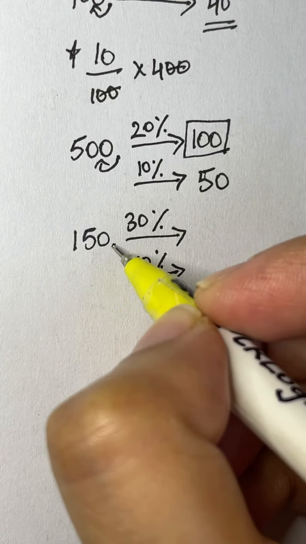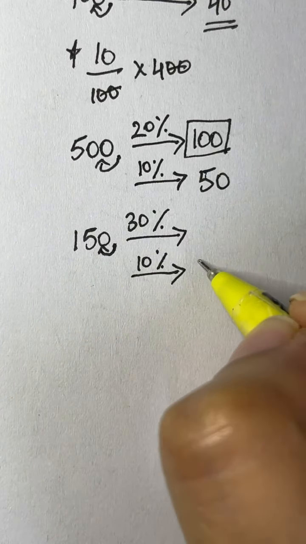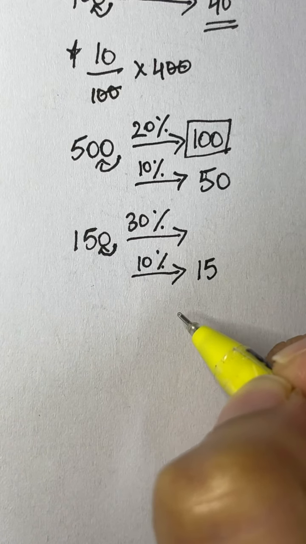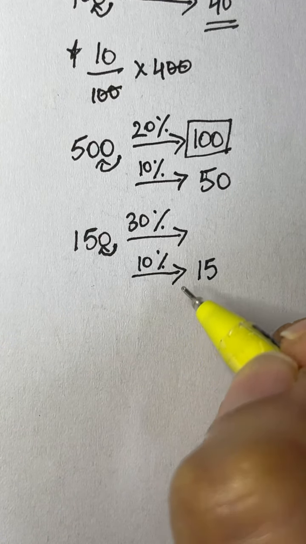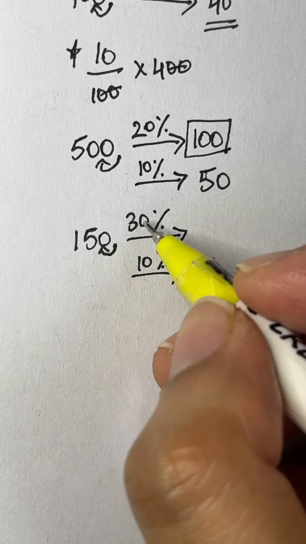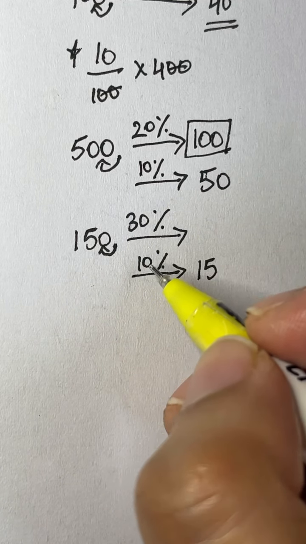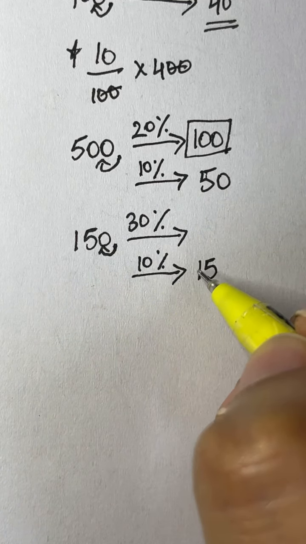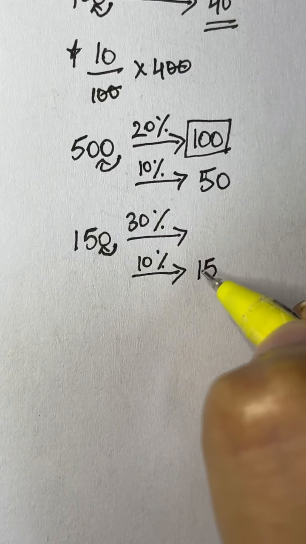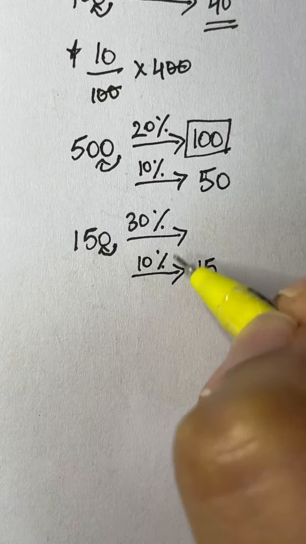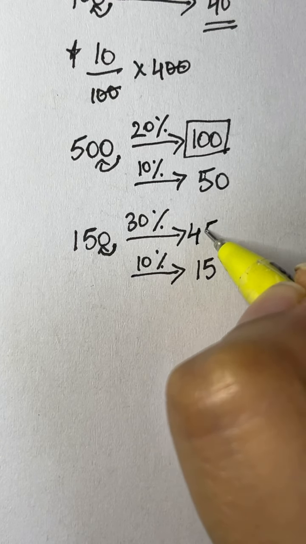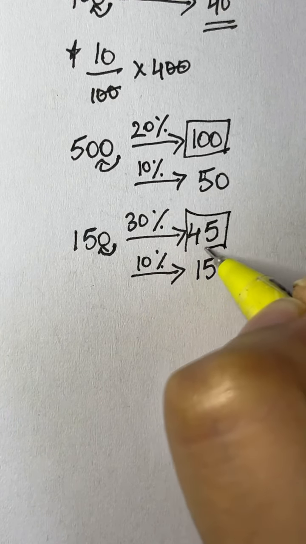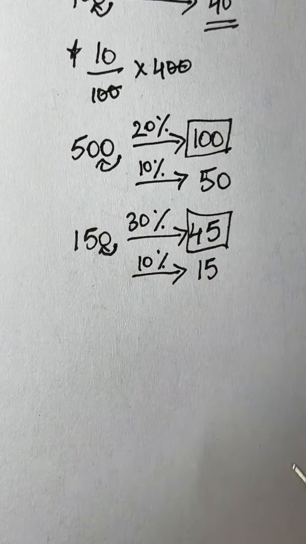Just move the decimal one slot towards left and it's 15. Okay. And then what you have to find? 30% is 3 times 10. Is that right? So 3 times 15 gives you 45. 15 twice is 30. 15 thrice is 45. So that's your answer. 30% of 150 is 45.